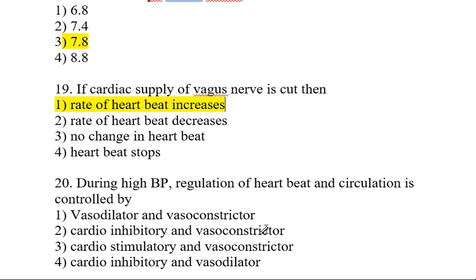During high BP or high blood pressure, regulation of heartbeat and circulation is controlled by the cardioinhibitory and vasoconstrictor center.